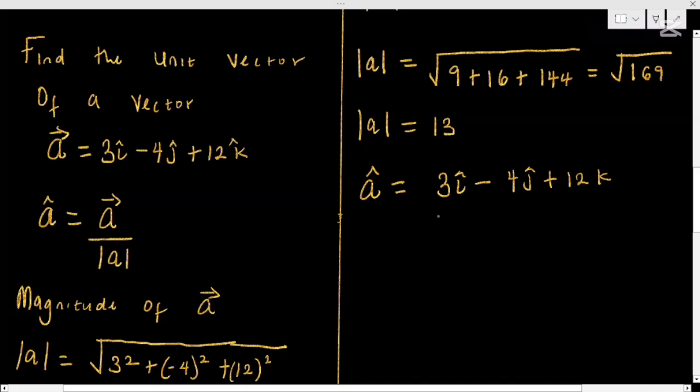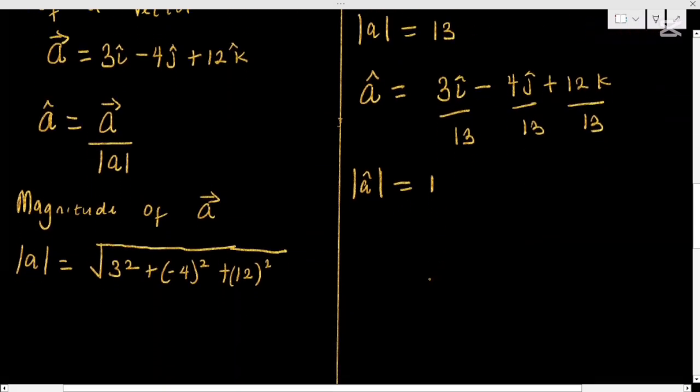Over the magnitude of vector A, which is 13. It's as simple as that. Now, let's confirm if the magnitude of our unit vector A is equal to 1. Let's quickly confirm, and it should be.